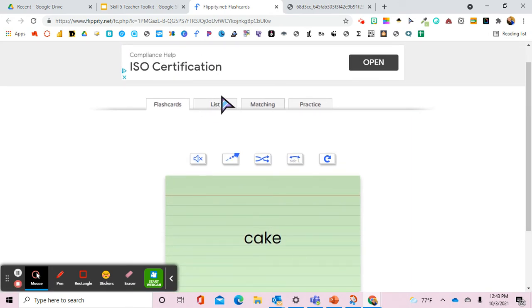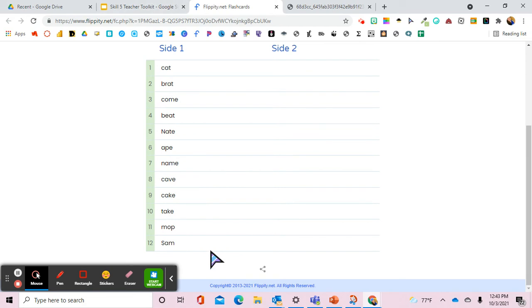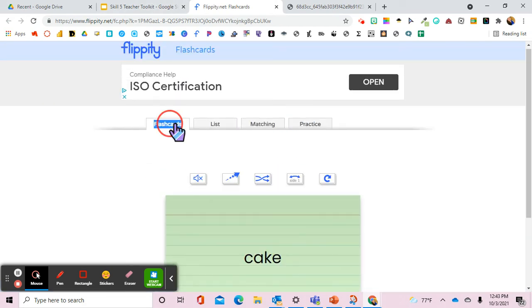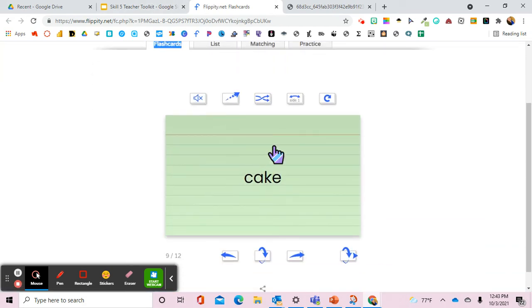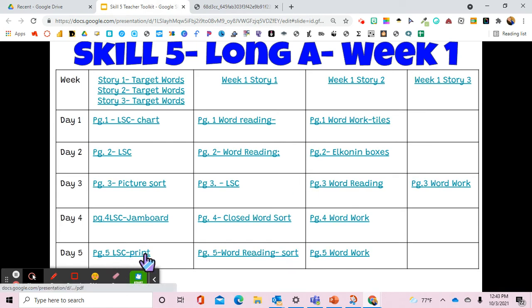Another thing with the flashcards is it gives a list if you wanted to see the list of the words that they were doing. And also if they know a word, you can take the word out of the rotation, and once you hit the reset button, it brings it back in. So that's another way that they can use the flashcards.